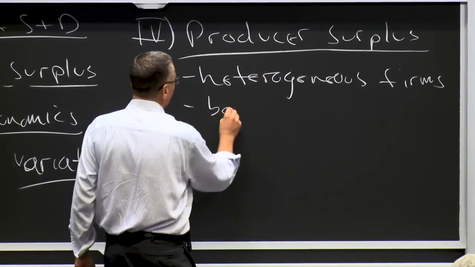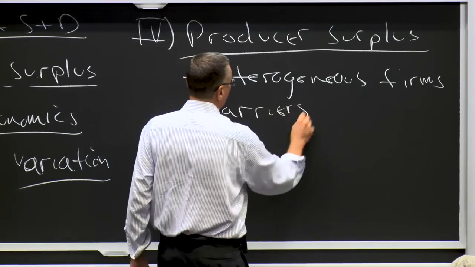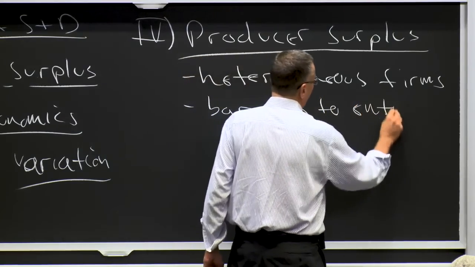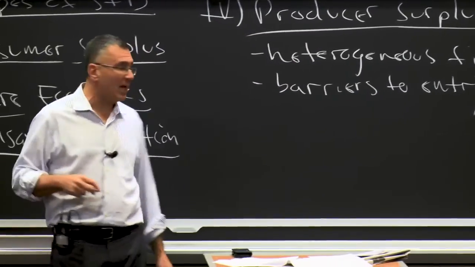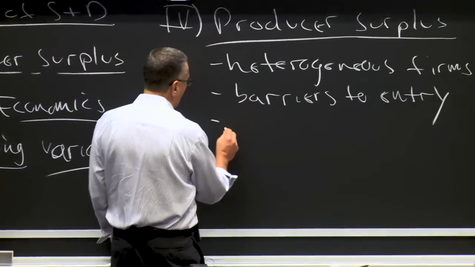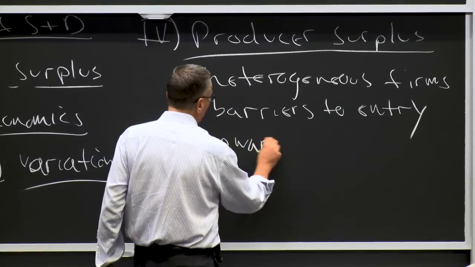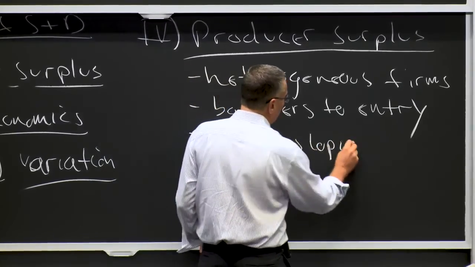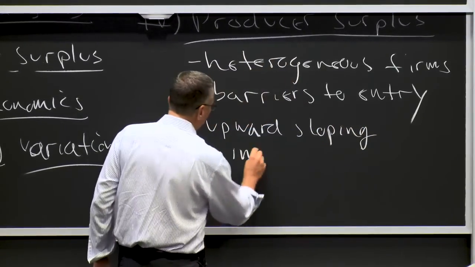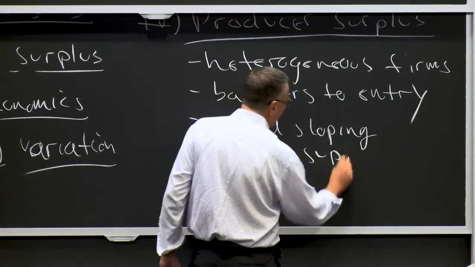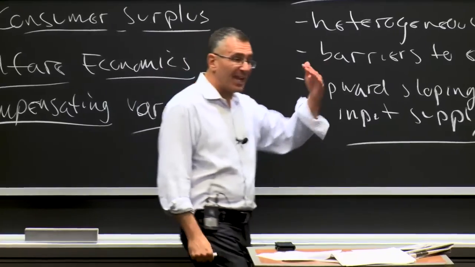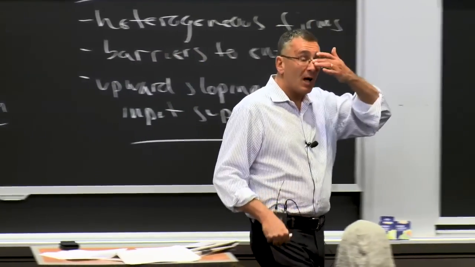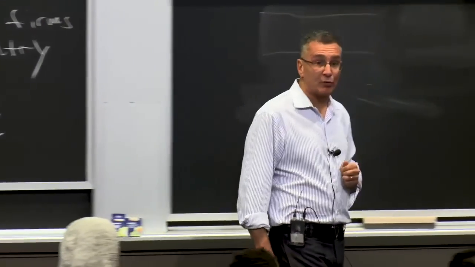We talked about barriers to entry, that is, reasons why firms can't enter and drive profits to zero, because it's not costless to enter. And we talked about upward sloping input supply curves. We talked about the fact that as you produce more, you might have to pay more for your inputs. And therefore, you can't just charge one price. You have to charge higher prices as you produce more.